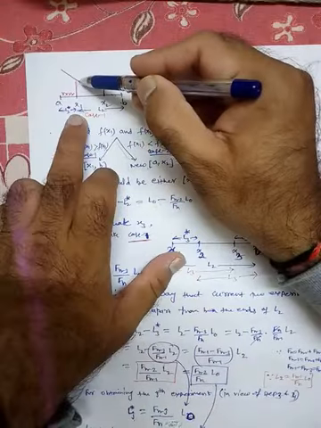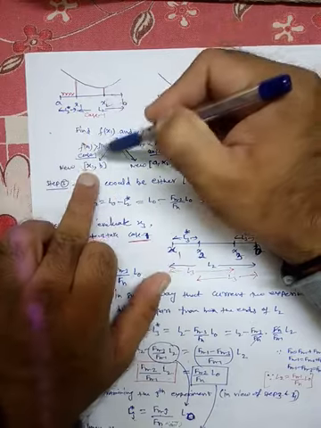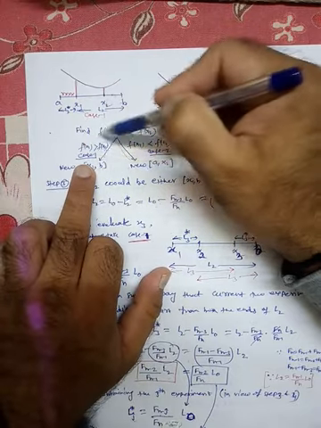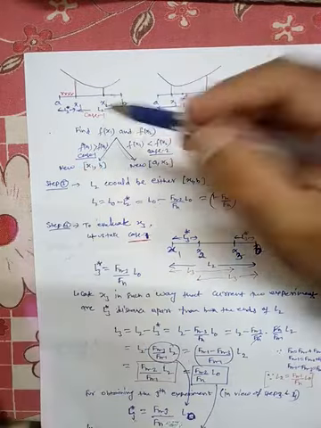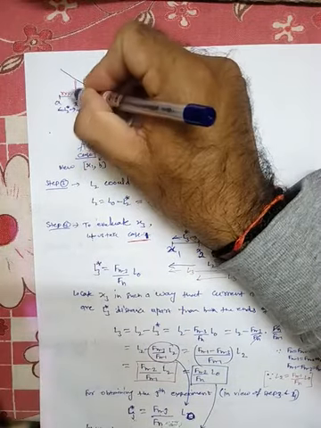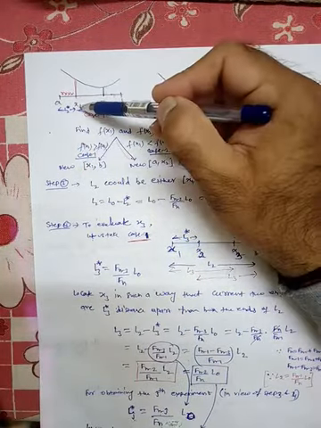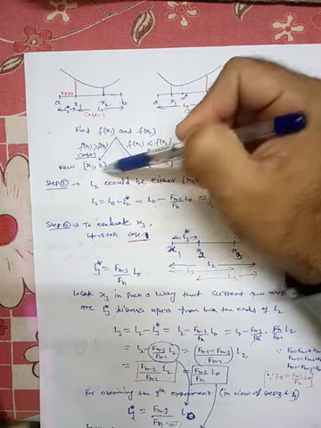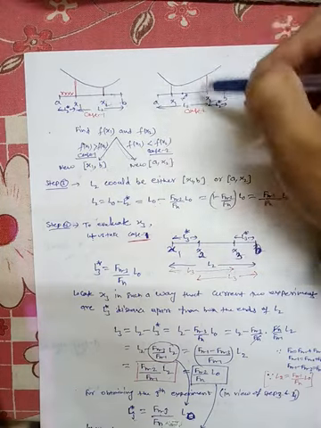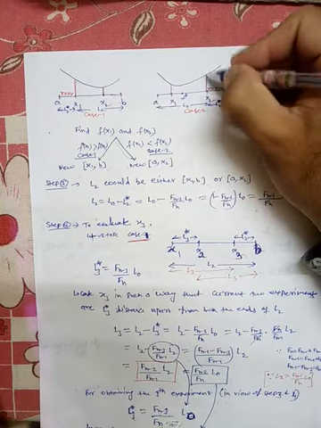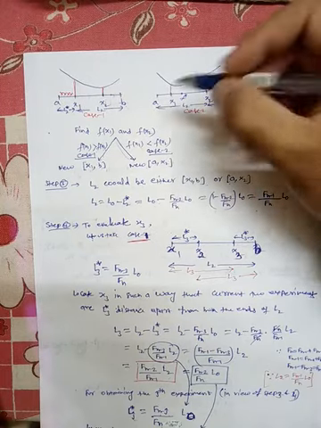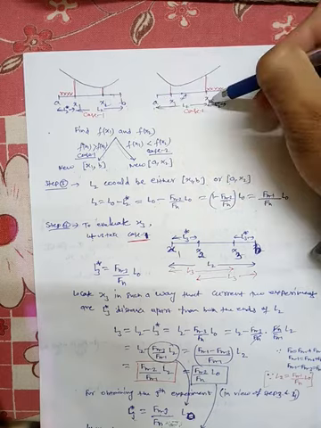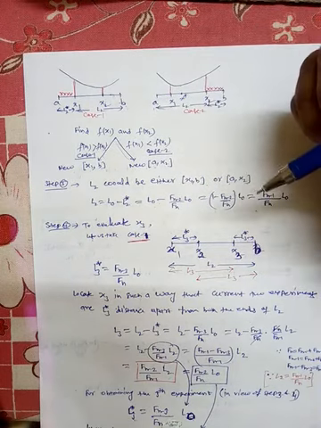Now case 1: when f of x1 is greater than f of x2, that means this type of structure, then obviously you can eliminate this interval. So the next interval will be x1 to b. If you are taking the other case, this value is higher than this value, so you can eliminate this part and hence the next interval will be a to x2.